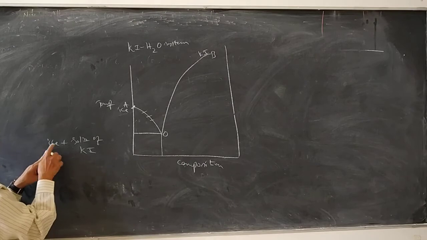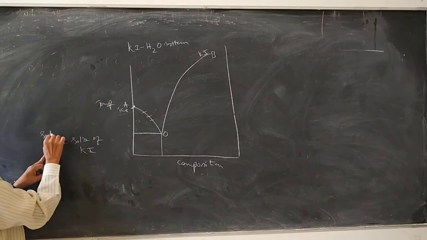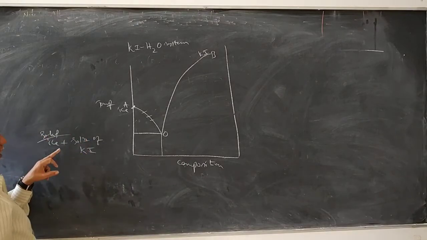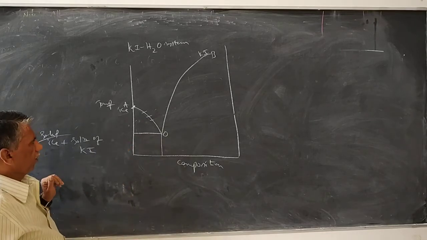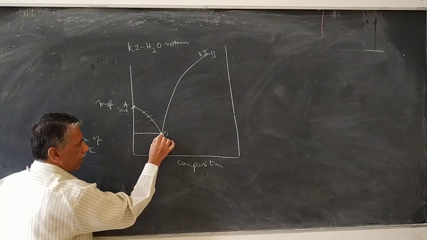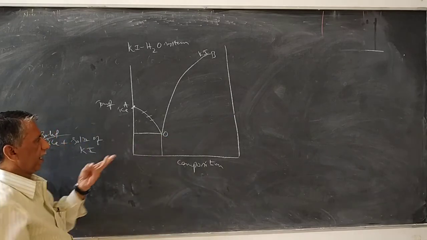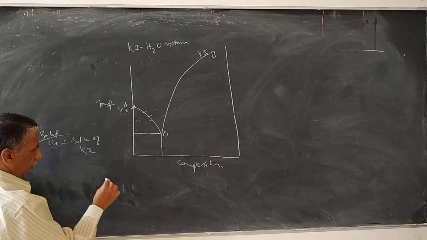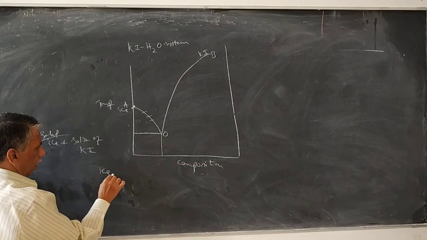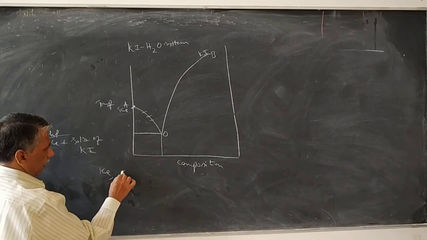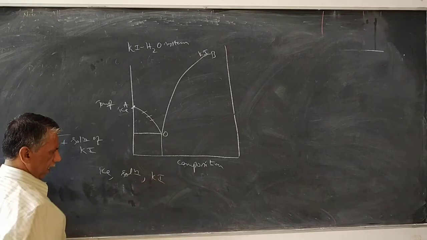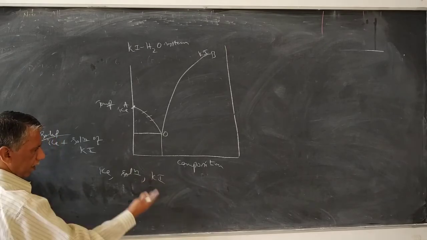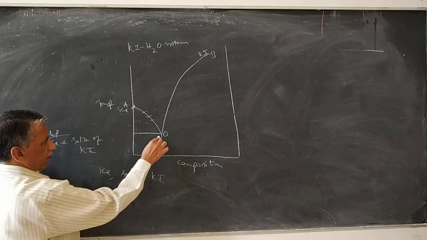One is the solid ice, and the other is the solution of potassium iodide. Once you reach the point O, again you get three phases. Three phases means ice, then solution, then solid potassium iodide. So these are the three phases.